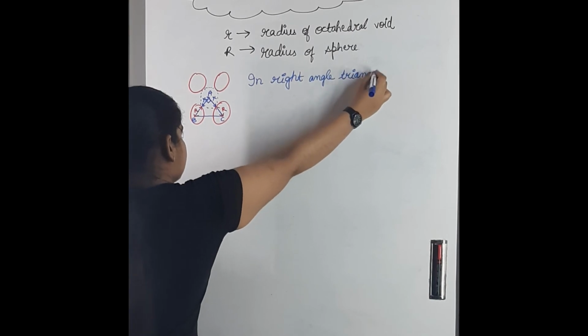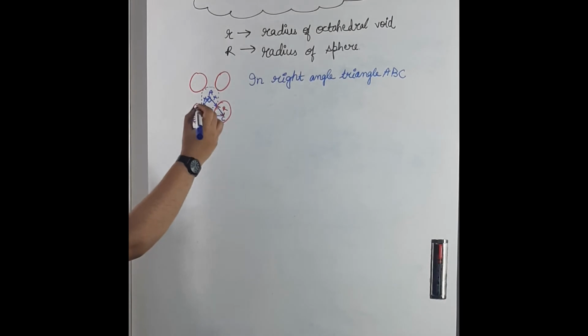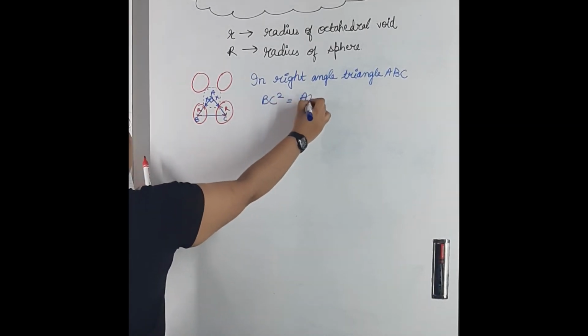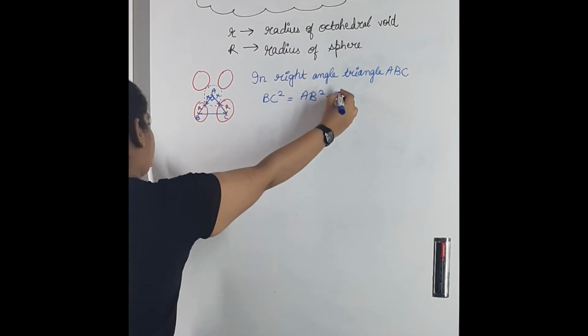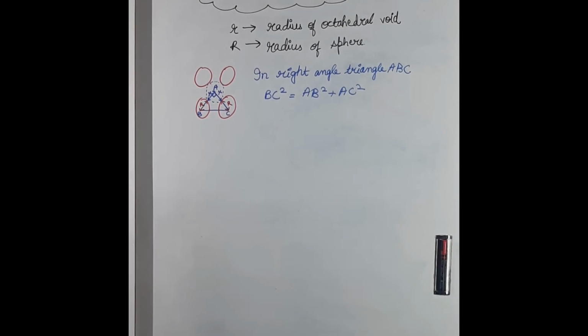triangle ABC, using the Pythagoras theorem, BC square is equals to AB square plus AC square. Everyone knows the Pythagoras theorem, right guys?